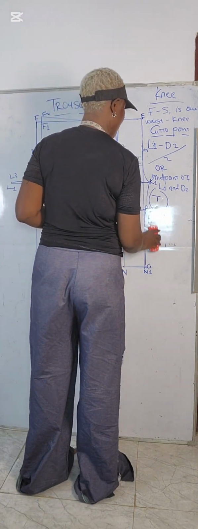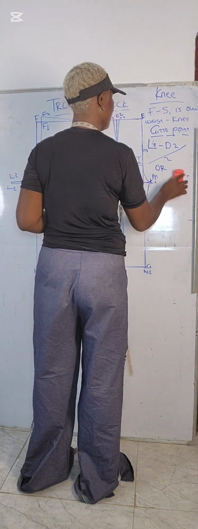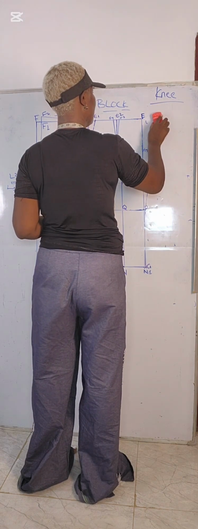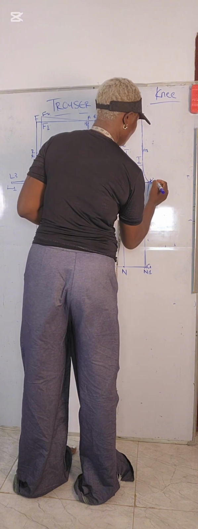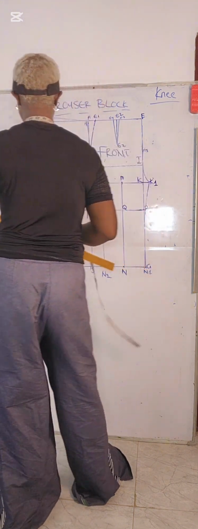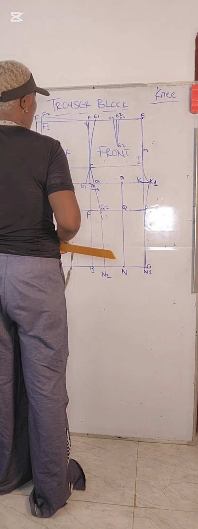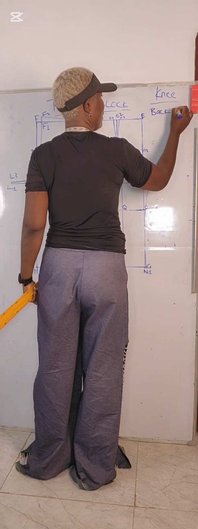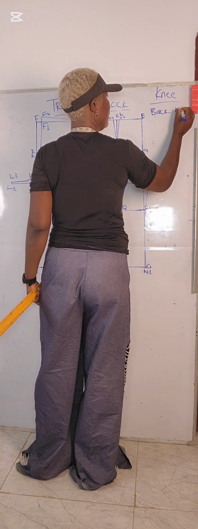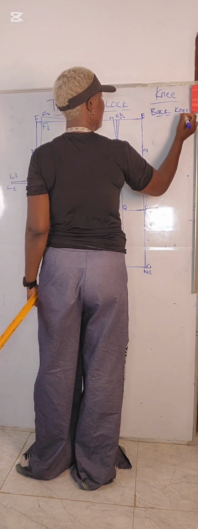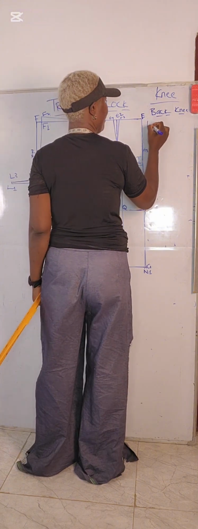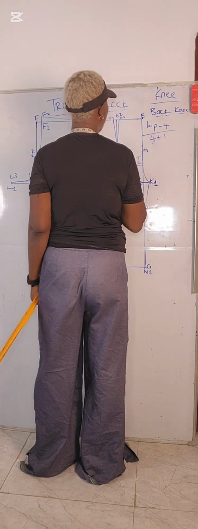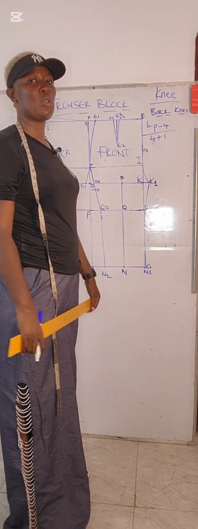For getting my round knee measurement, I'm going to say for back knee, hip minus 4 divided by 4 plus 1.